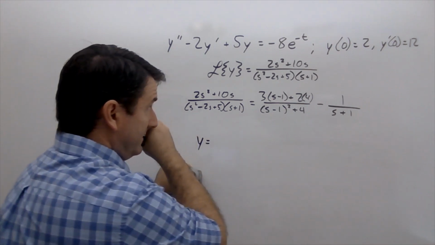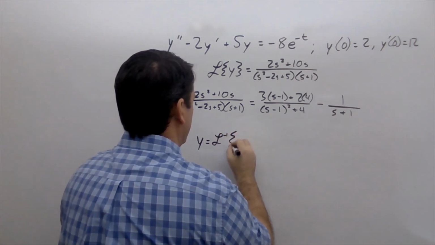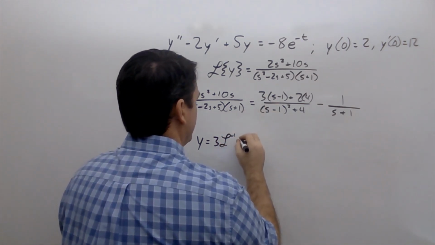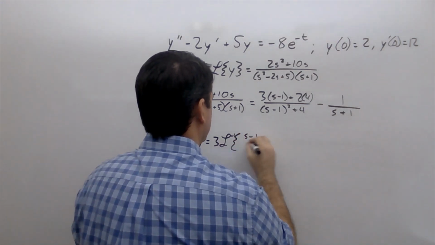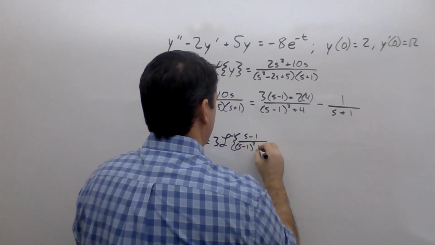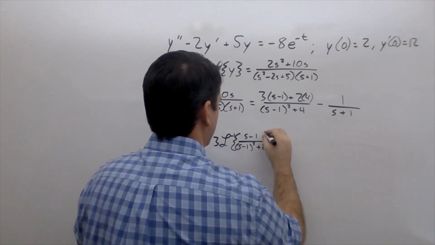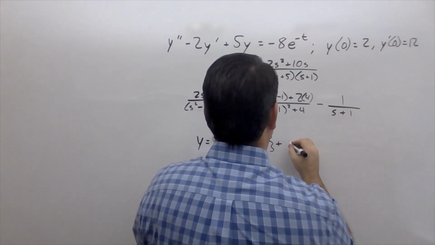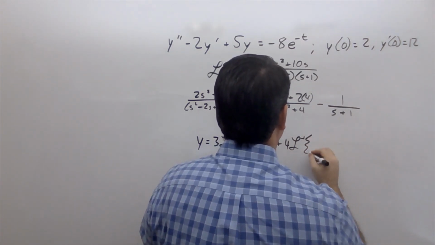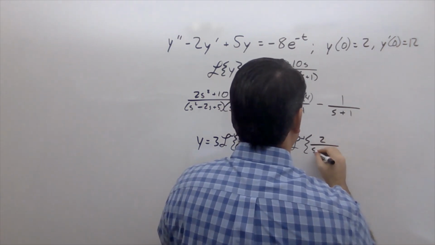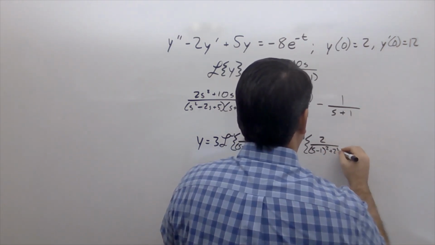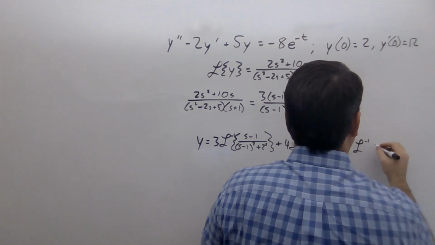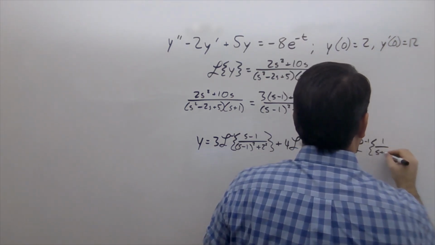And on this side, let's pull out that 3. 3 times the inverse Laplace transform of s minus 1 over s minus 1 squared plus 4, which we wrote as 2 squared, plus 4 times the inverse Laplace transform of 2 over s minus 1 squared plus 2 squared, minus the inverse Laplace transform of 1 over s plus 1.